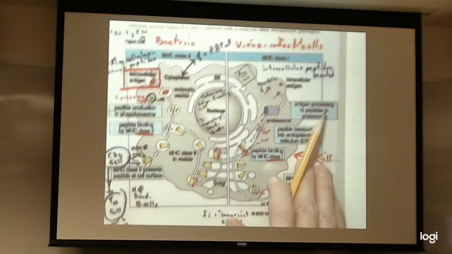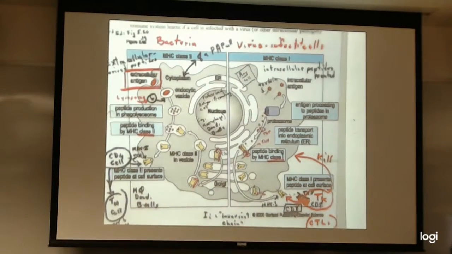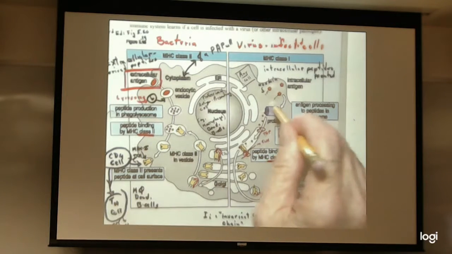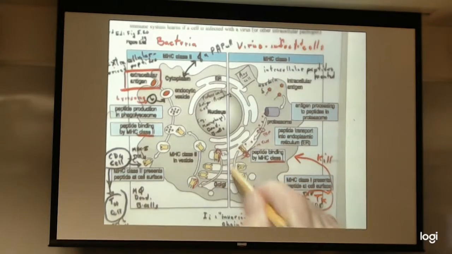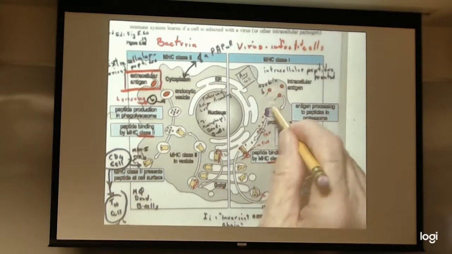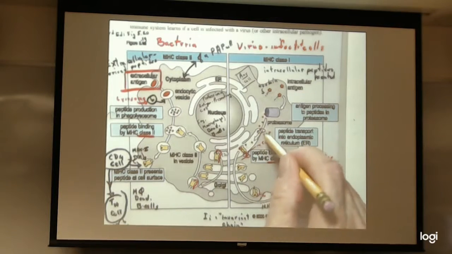Okay. Now, I've been at pains to go through the details of this. As I just said, I'm not going to ask you all the details of this, but you're going to remember that peptides derived from virus proteins get loaded onto MHC1 molecules. They're first going to be transported by a TAP transport machinery.